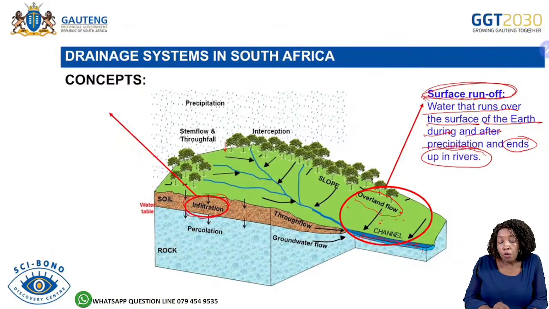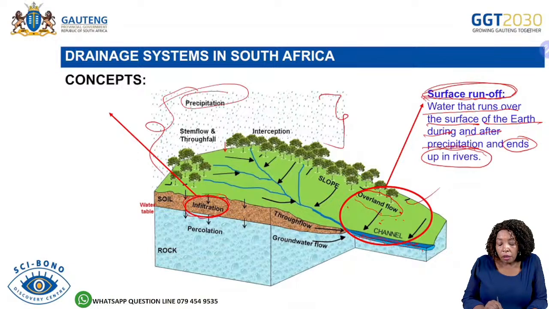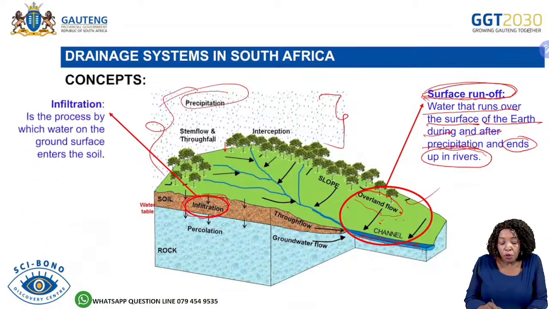Okay. The other concept that you should also have a clear understanding of is infiltration. All these concepts refer to when it's raining. So when there is rainfall, as you can see from the diagram, this particular area is receiving rainfall. We have identified the surface runoff. Part of what you also need to identify is that there would be infiltration. Some of the water would infiltrate the ground.